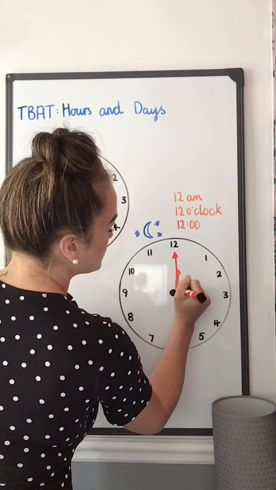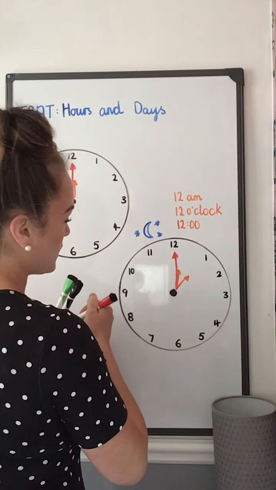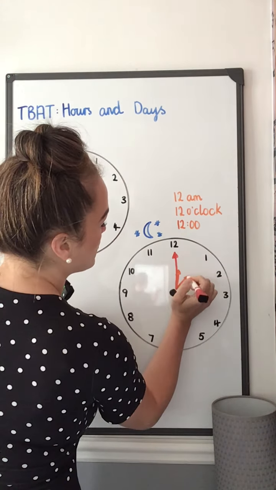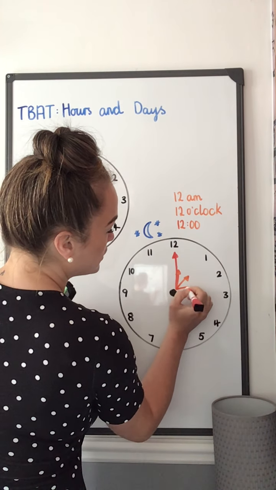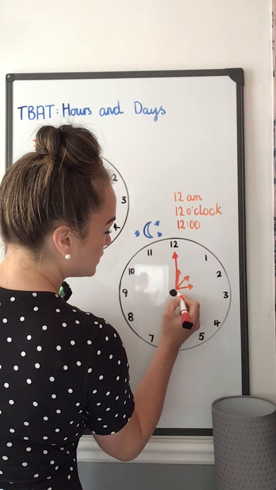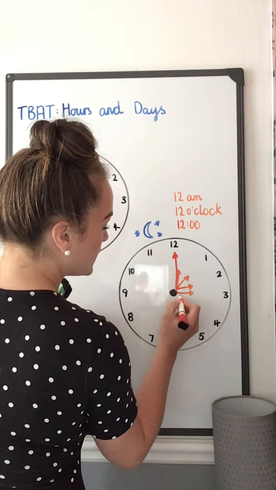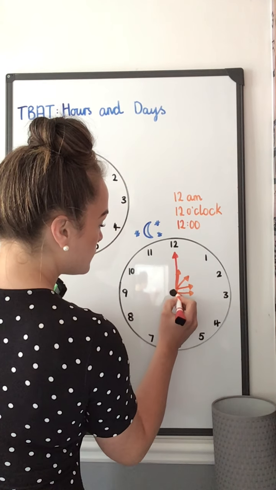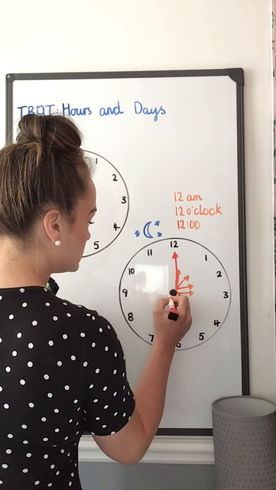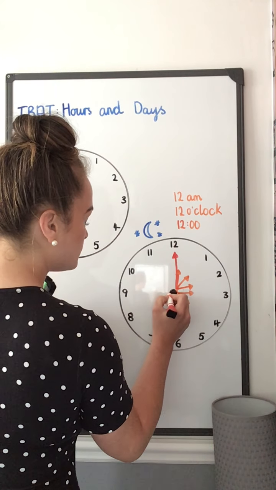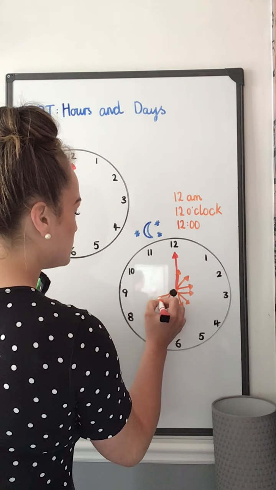Then we move around as our minutes move. We move around our hours. So 12 o'clock in the morning, 1 o'clock in the morning, 2 o'clock in the morning, 3 o'clock in the morning, and we move round 4, 5, 6, 7 o'clock in the morning, probably about the time you get up for school, 8 o'clock in the morning.